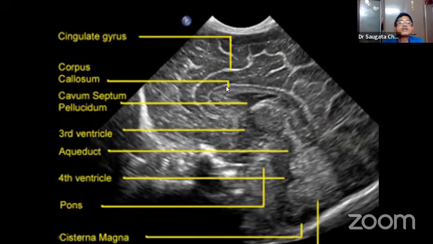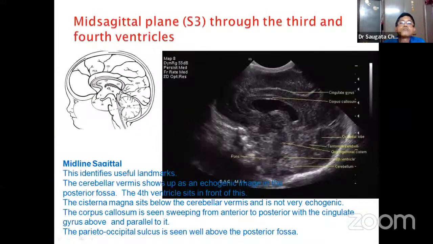The corpus callosum is seen here, cavum septum pellucidum, third ventricle, aqueduct, fourth ventricle, pons. This part is the pons, this is the cisterna magna, and this is the cerebellum. This is the vermis of the cerebellum. So this is the anatomy of the mid sagittal plane. Okay, I think it's clear.